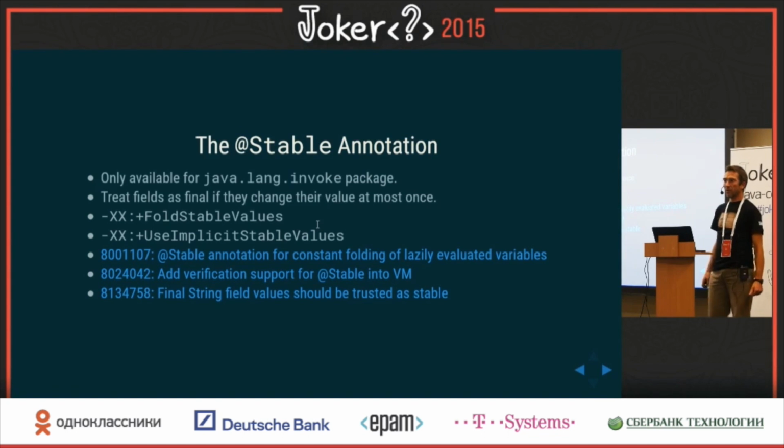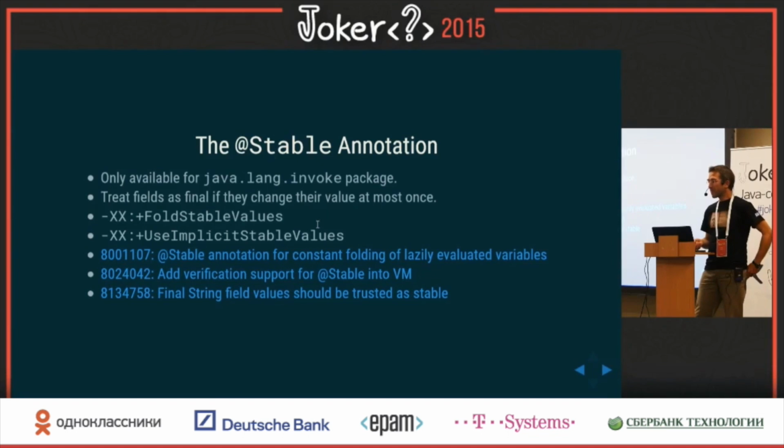What I forgot to mention: all these tricks with reflection are only possible if you are not running with a security manager. If you're running with a security manager, then it is not possible to reflectively change these fields. But many people are running without a security manager anyway.